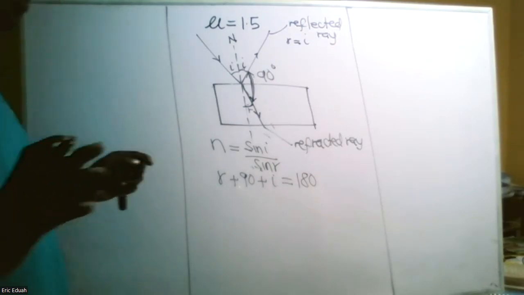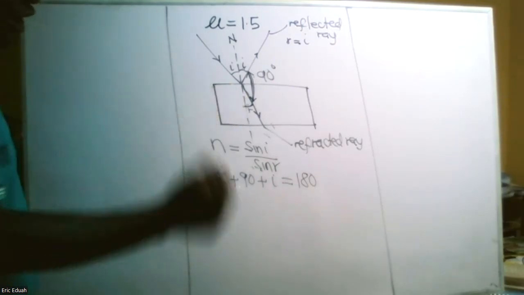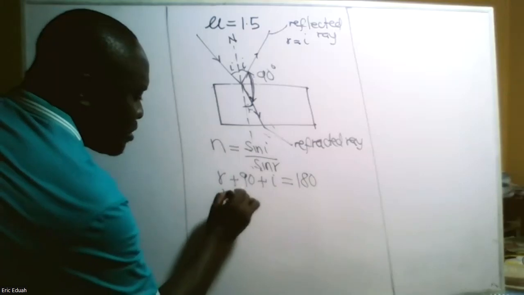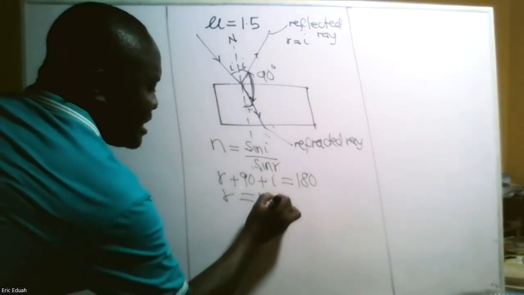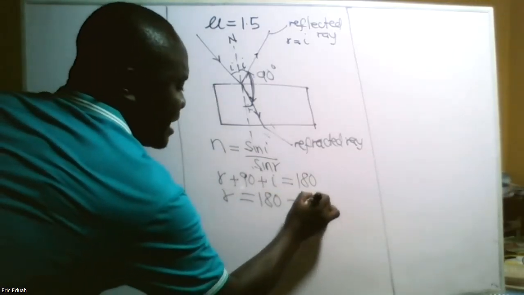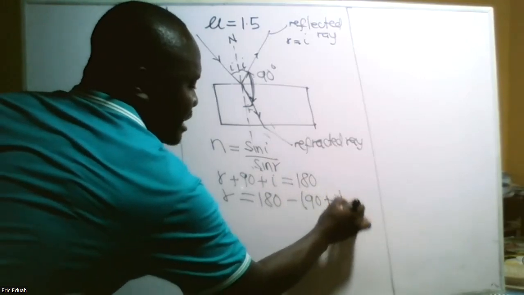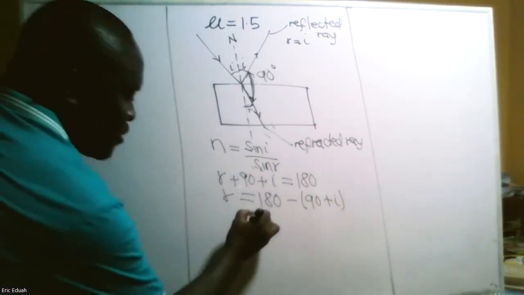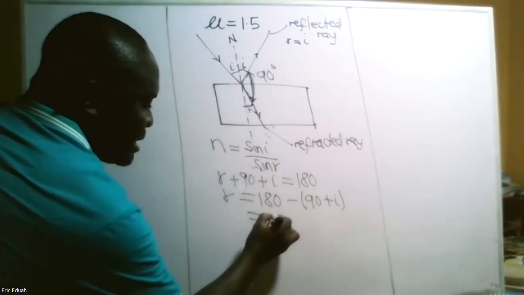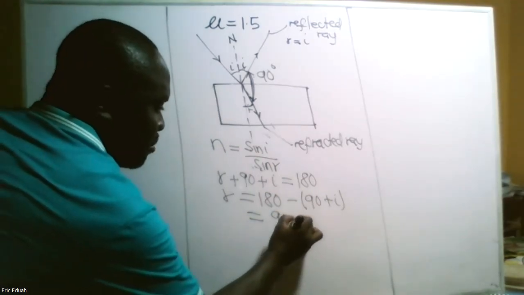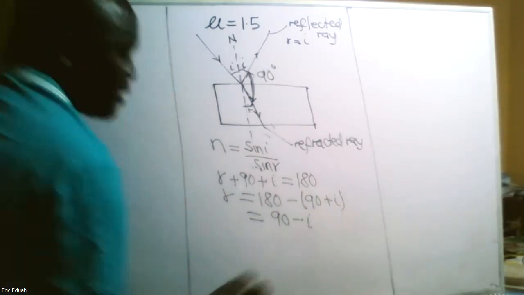Isn't it? Yes, please. I'm looking for R. So R therefore will be 180 minus 90 plus I. So 180 minus 90, I have 90 minus I.